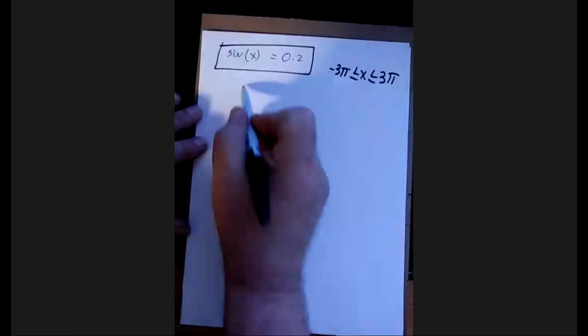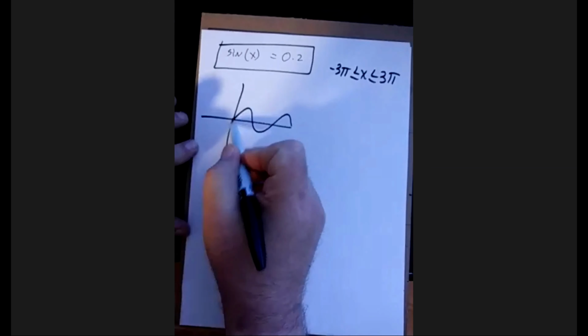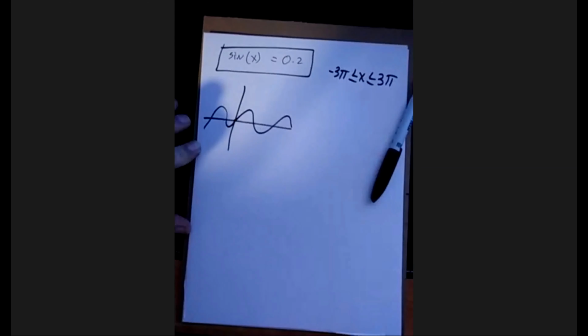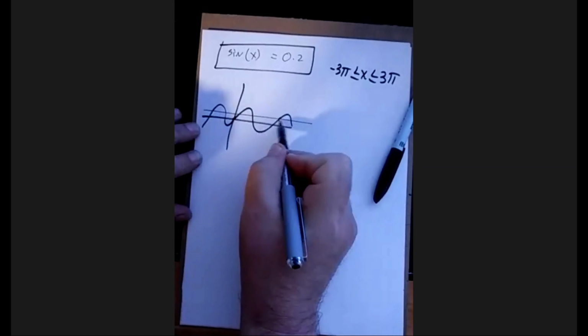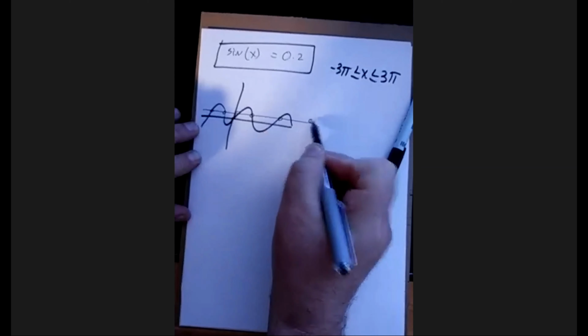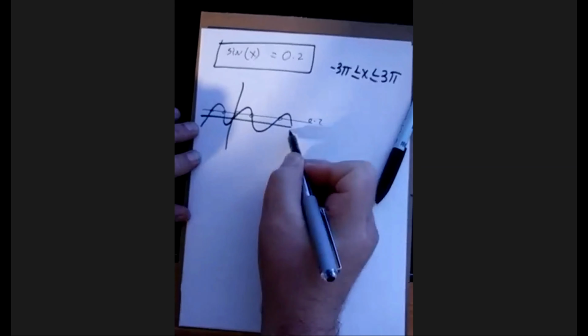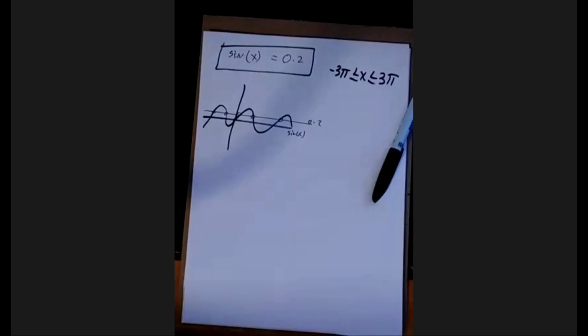Now, they gave you a picture, and you were trying to solve the places where that straight line, a height of 0.2, meets up with the sine function. And I believe there's 6 answers, 6 solutions, and you had to write them all down, and it had to be to 4 decimal places.